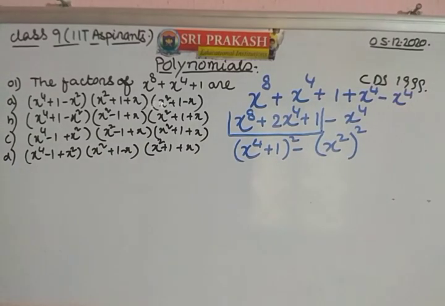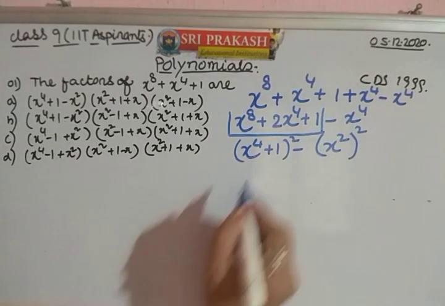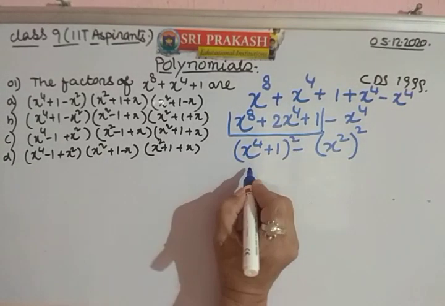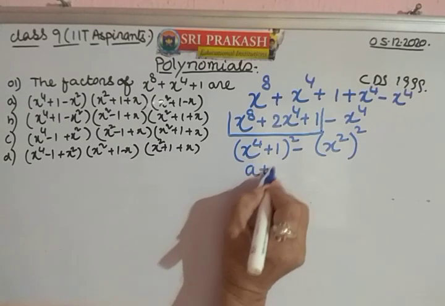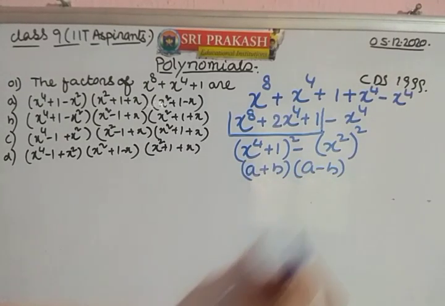So this is in the form of a square minus b square. What is the formula? a plus b into a minus b. What is your a? x to the power of 4 plus 1. What is your b? x square.